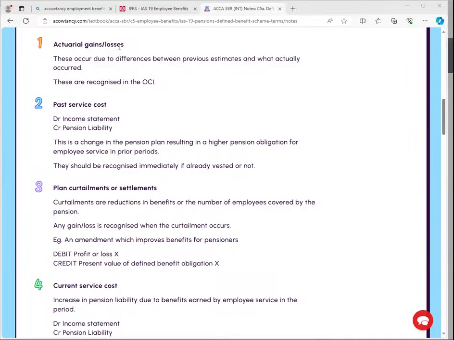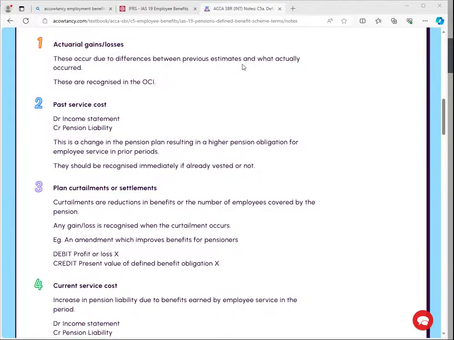Otherwise, you will reach that time when these guys are retiring and you'll not have enough funds to give them. Those companies these guys mentioned have actuaries full-time, or they hire actuaries to come and do valuations. They look at, for example, inflation, etc. Actuarial gains or losses occur due to differences between previous estimates and what actually occurred.